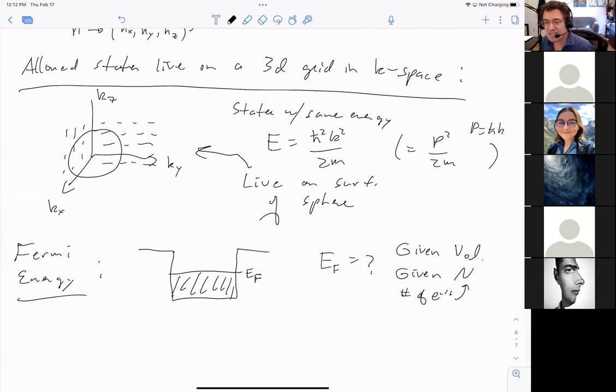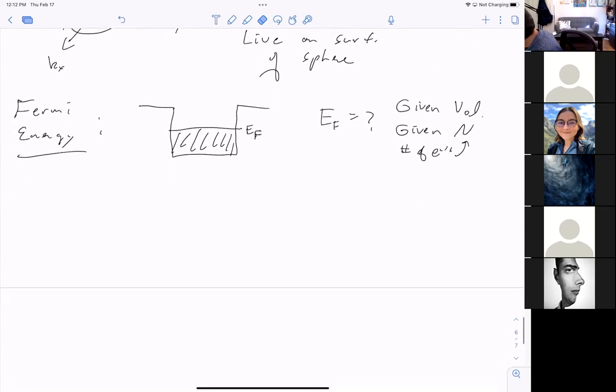All right. And so that's the question that we want to answer now. I have a crystal, I know the size, I know the number of electrons. What's the Fermi energy? That's a reasonable question to ask. And so let's derive it. It's really easy to derive. So here's the way to think about it. Let's consider K-space. So go to K-space.